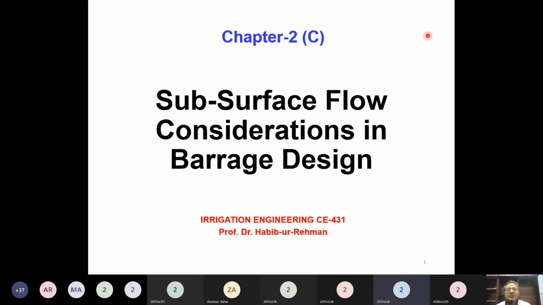After studying chapter 2B, you are now in a position to fix the crest level of the weir of the barrage. Correct? You can do that, right?